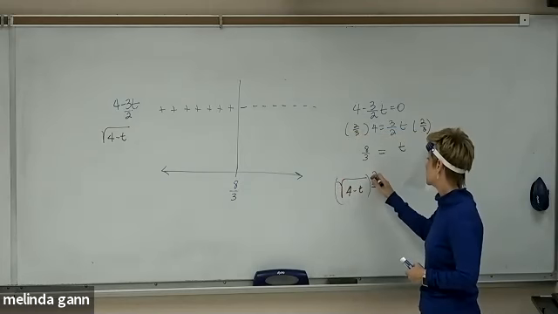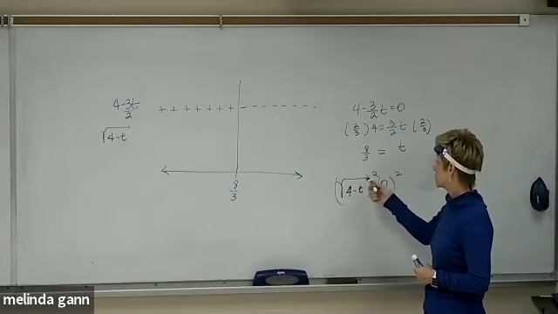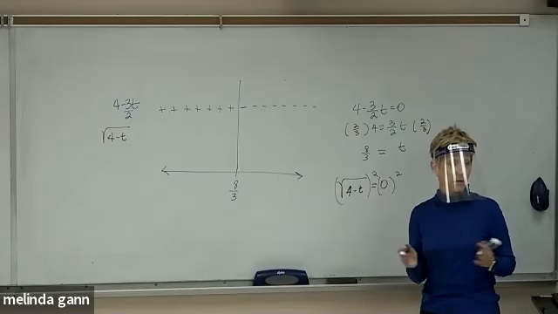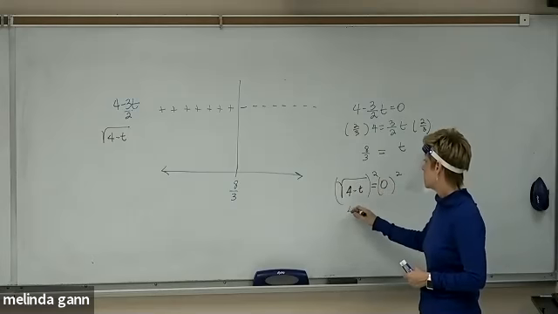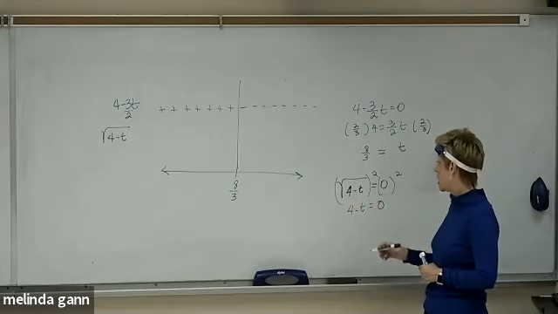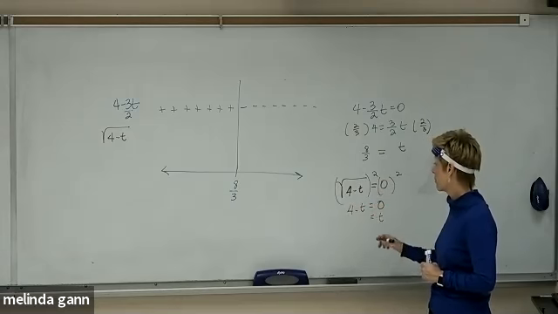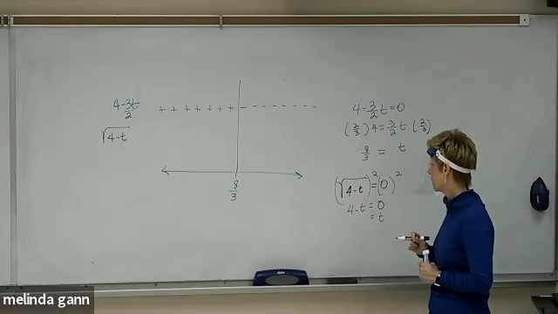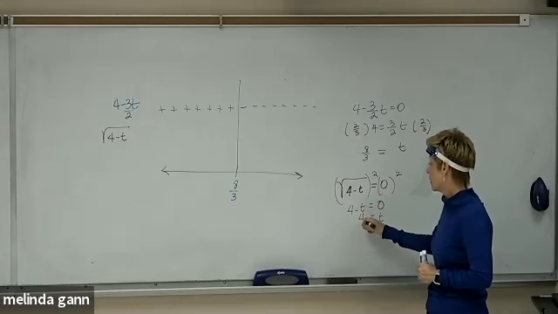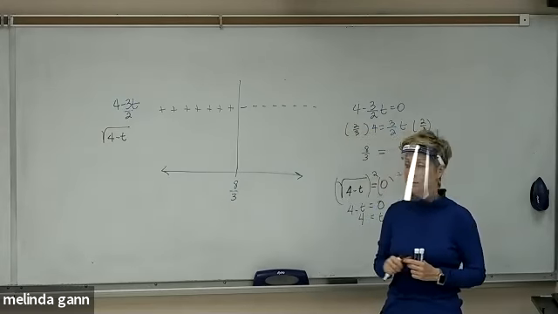So if I square this side, I've got to square that side. So what's going to happen when I square this square root? Don't they go away? So that leaves me 4 minus t equals what? 0. So what is t equal? What number? 4. Now, is 4 to the left or to the right of this 8/3? Right. To the right.